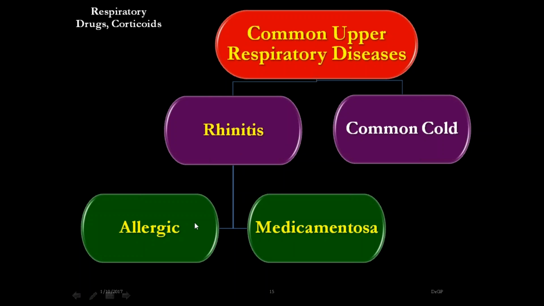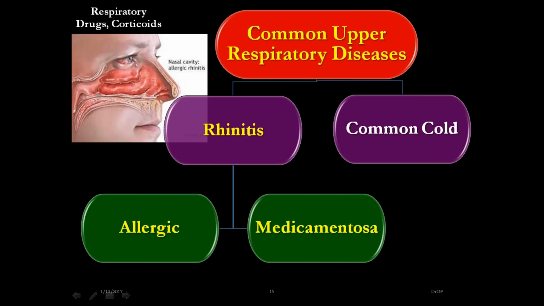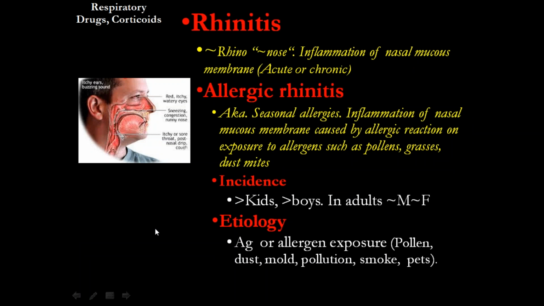There are going to be two main concerns here: allergies and medicamentosa, rhinitis medicamentosa. That is what is coming for NCLEX, the medicamentosa, and some nursing considerations that I'm going to mention in the next few moments.